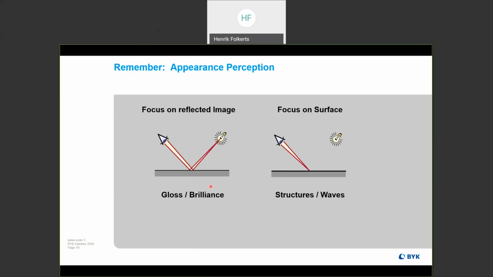How good can the surface reflect any object from the surrounding? But when we want to evaluate scratches, craters, but also structures, we need to focus on the surface itself, which is a smaller, a shorter observing distance, and then we can get an impression about structures and waves.